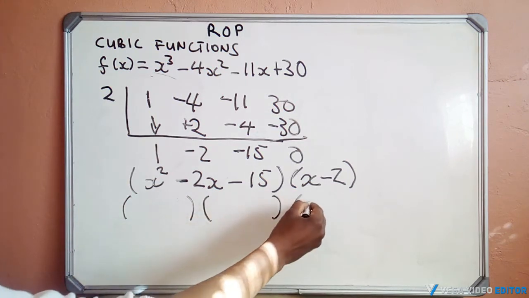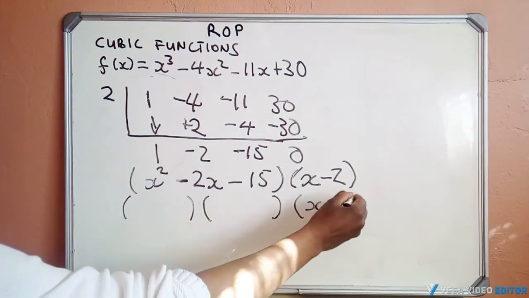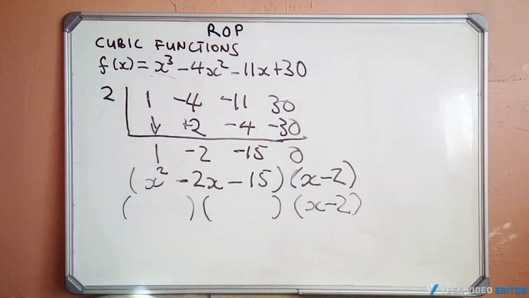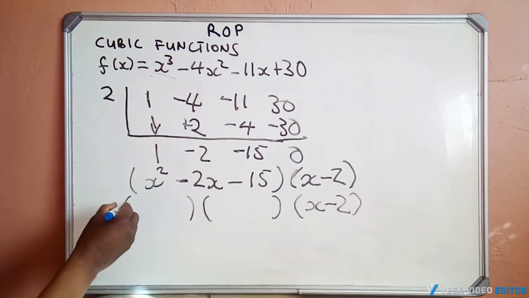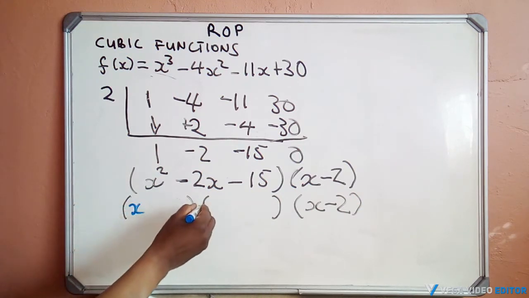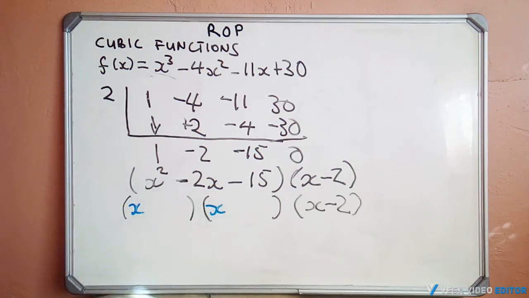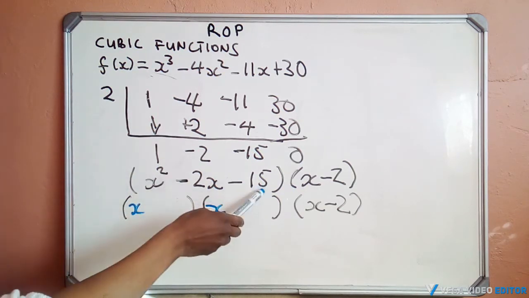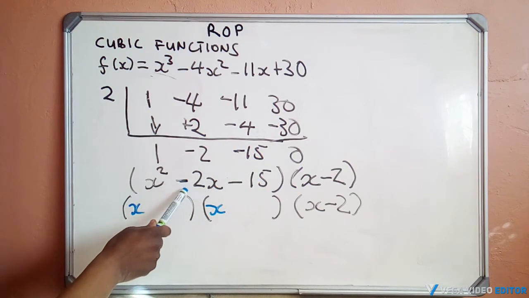let's put those factors. Already we've got x minus 2 there. And then what we need to find now is, we've got x and x. What are factors of 15 that we can use that will give us a negative 2?